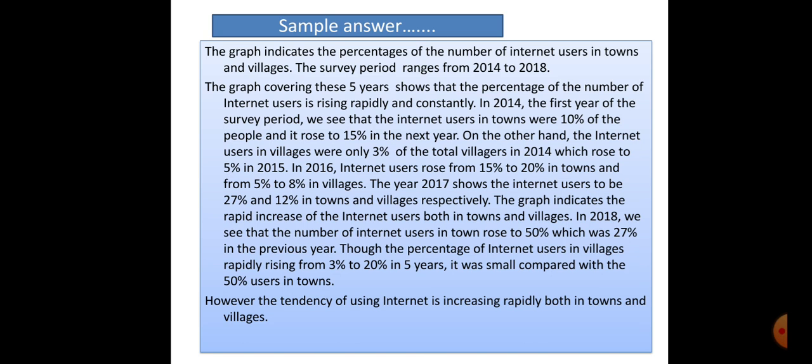It was small compared with the 50% users in towns. And in the last paragraph, we can see, however, the tendency of using internet is increasing rapidly both in towns and villages. That is the very important line, that the graph shows the increasing development of the users both in towns and in villages.